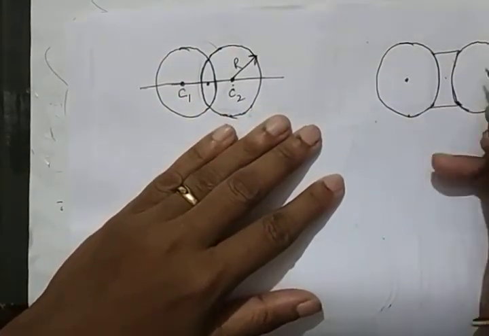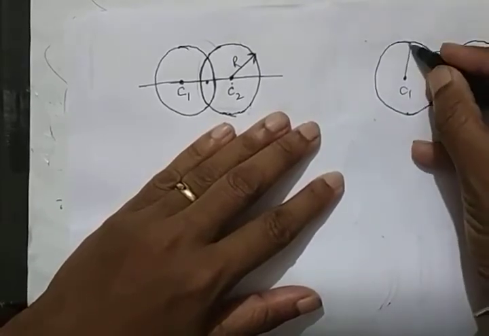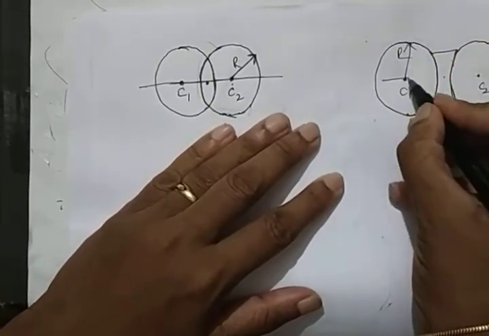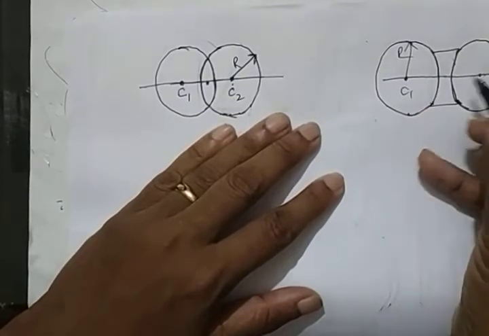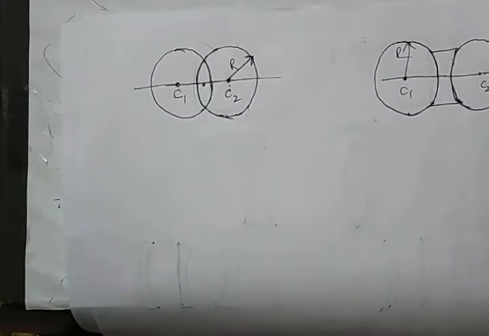So same way, the centers of these two spheres are called center of curvature. The radius of the sphere is radius of curvature. The line joining these two is called principal axis. So 3 definitions we have done so far.